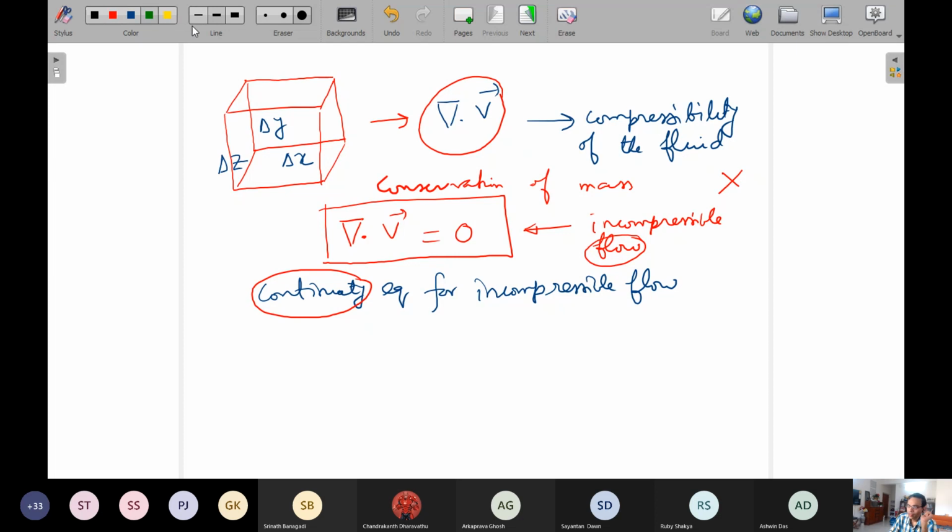Whereas in the equation that we have written, we have not used anything related to conservation of mass. It is simply a kinematic consideration of what the changes are due to velocity, velocity gradients, etc., which gives rise to this equation.